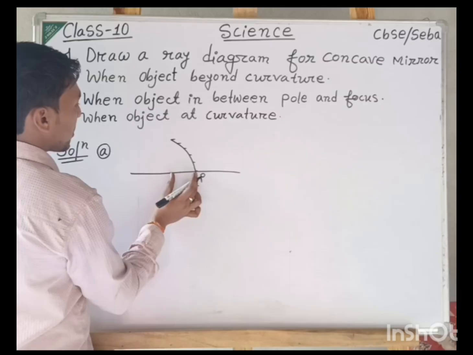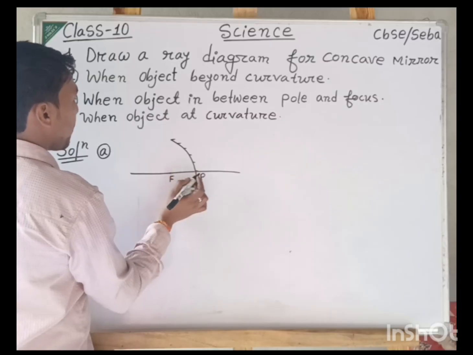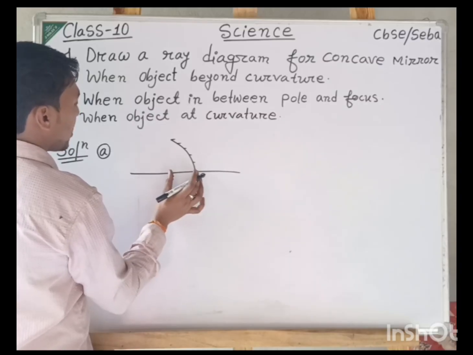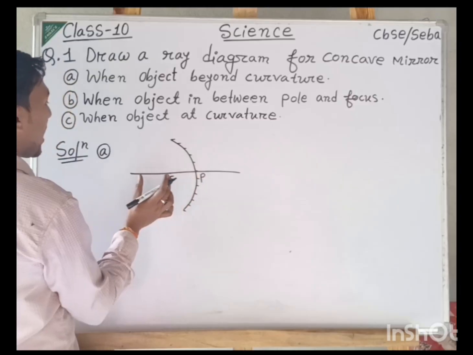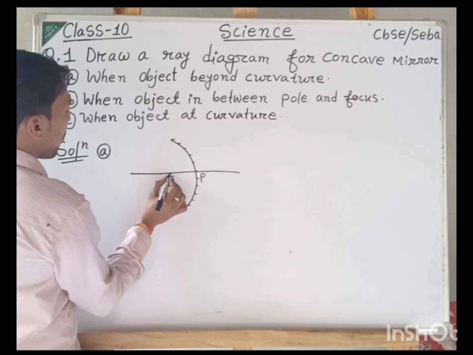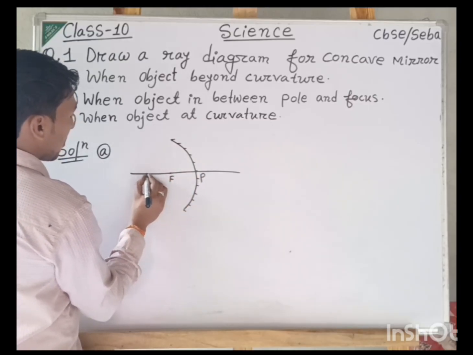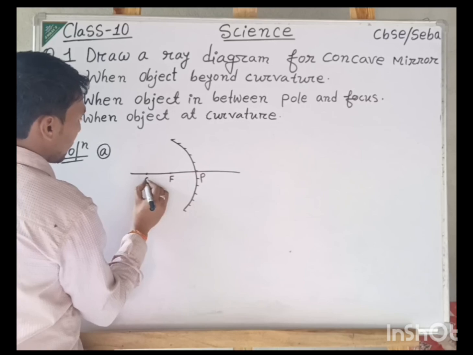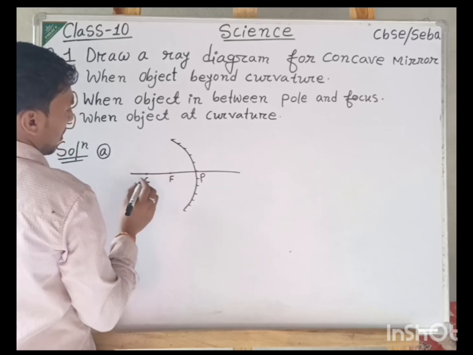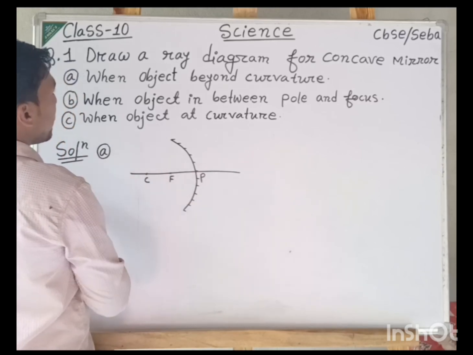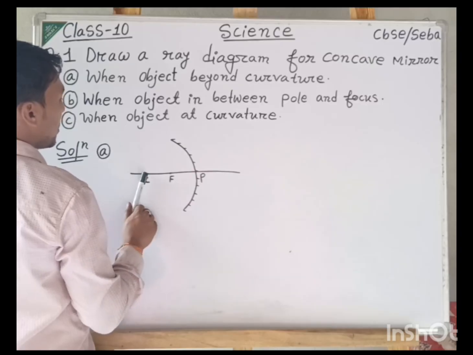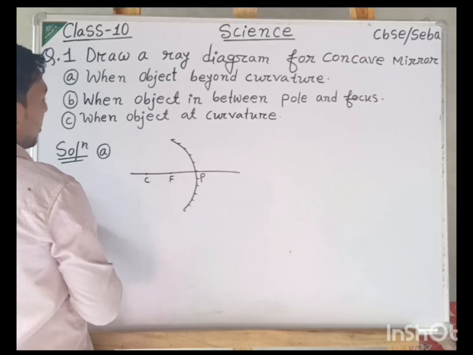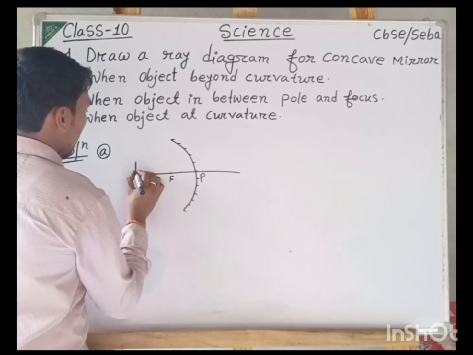You measure with your scale the distance from P to F. If you have taken 4 centimeter, then exactly the same distance you take from focus to curvature. Now the object is beyond the curvature, means from the curvature on the left hand side you keep the object.